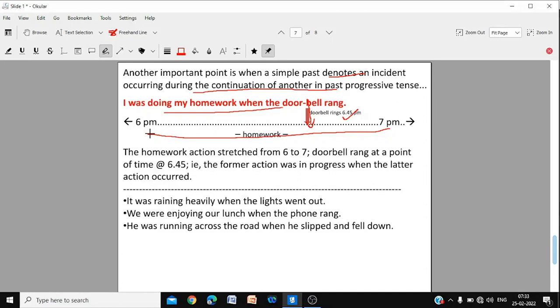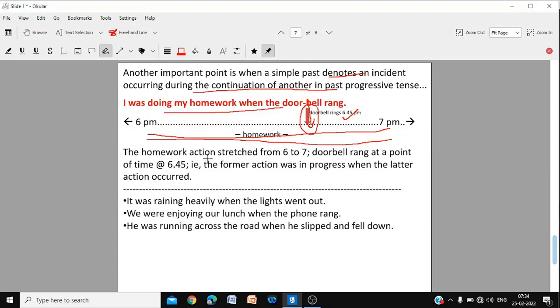So 1 hour, the stretch of time from 6 p.m. to 7 p.m., that is in progressive continuous tense, and what happened at a particular point of time is in simple past. I was doing my homework, a stretch of time for 1 hour, when the doorbell rang at a particular time during this period.